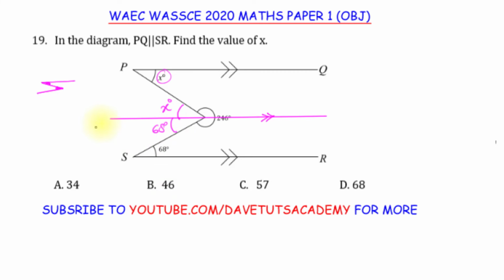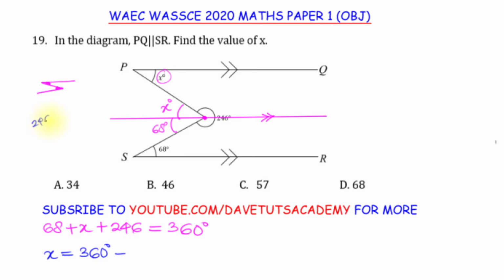And you can see now you have this to be 68, you have this to be X. If you look at this particular point, all of these angles meet at the point, and we know that the sum of angles at a point is 360 degrees. So we can say 68 plus X plus 246 is equal to 360 degrees, such that in that case you can now say X will be 360 degrees minus the sum of 68 and 246.